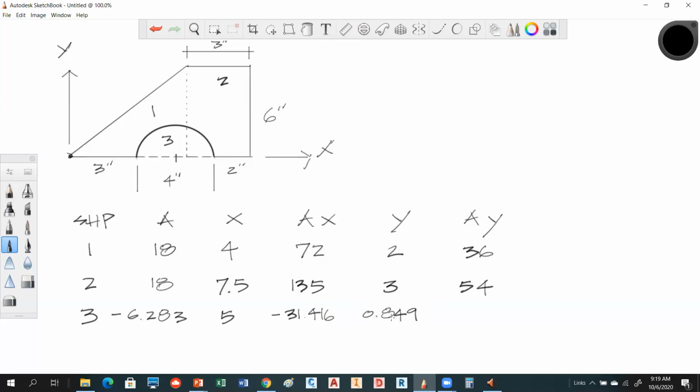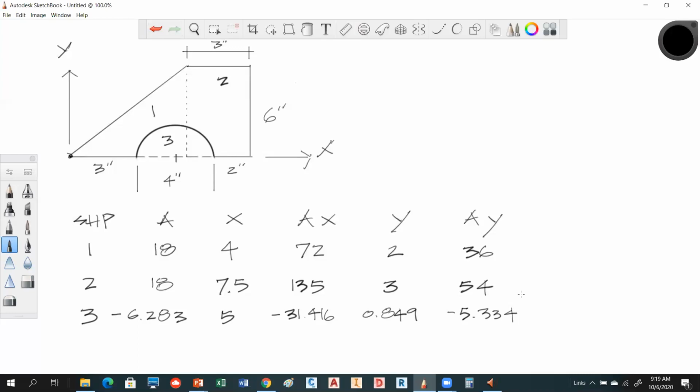So we're going to take that times that negative area, which gives me a negative 5.334. Okay, so there's all your hard work.